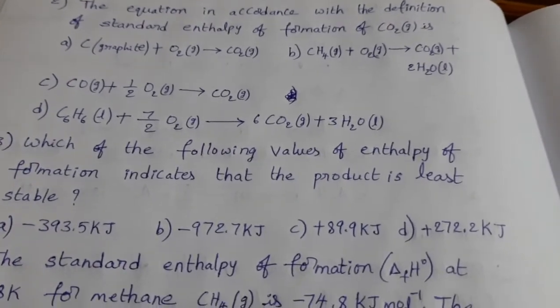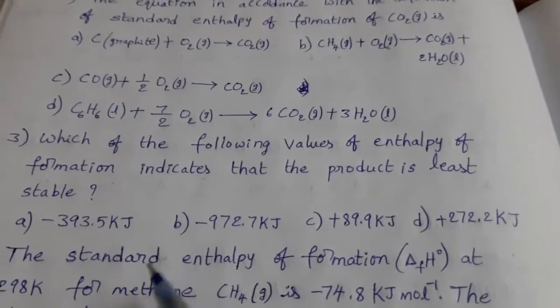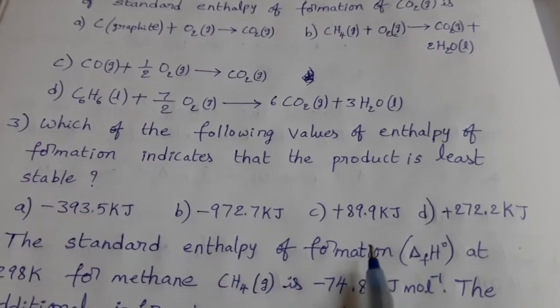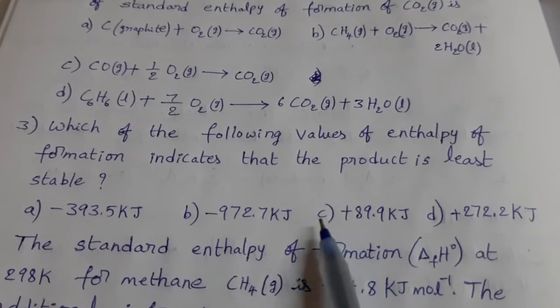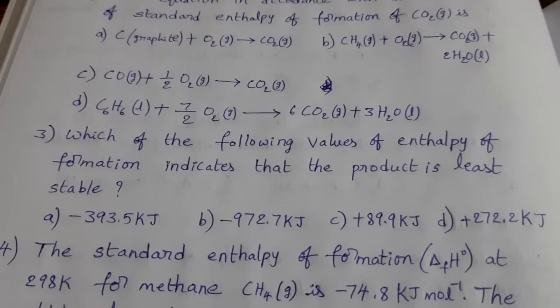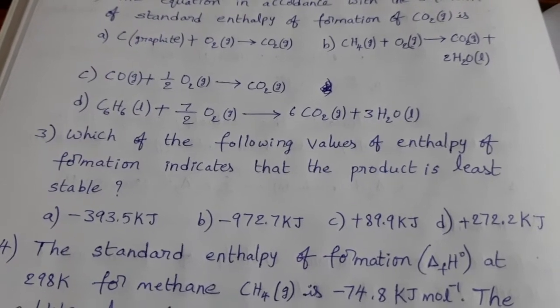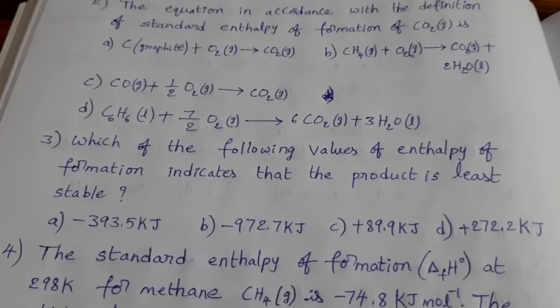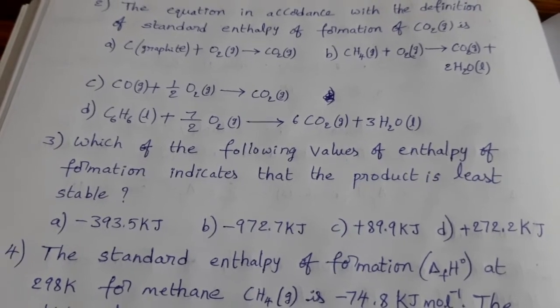Here say this least stable, this exothermic product, endothermic, endothermic. Already we completed this point. Exothermic products are thermodynamically more stable than endothermic products because in formation of exothermic products, heat energy is released.